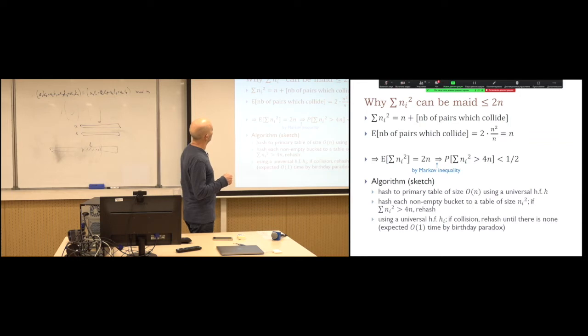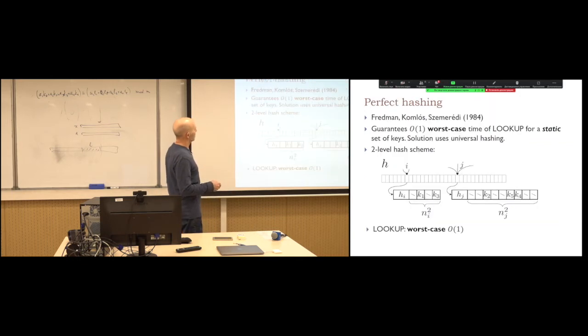More precisely, why this can be made linear space. Because it can happen, as an extreme situation, that all the objects map to the same bucket. In this case, it will not be linear space, obviously, because it takes a quadratic space with respect to the number of objects.